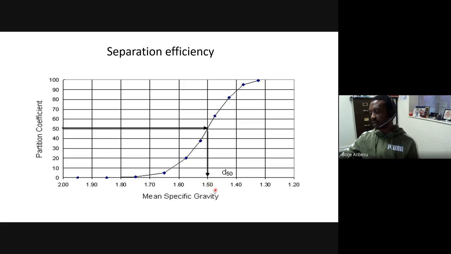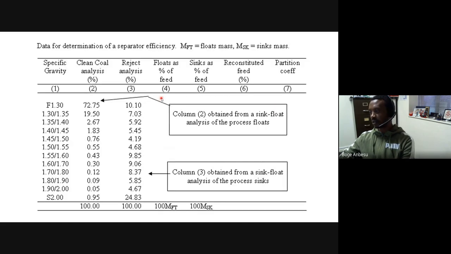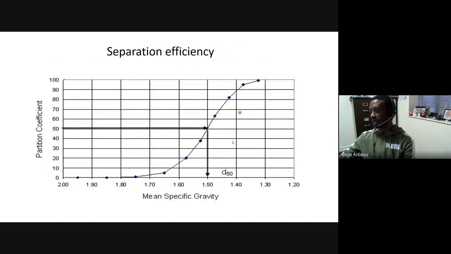So if my separating specific gravity is 1.40, it looks like this one is taken for the floats. So floats versus feed is what probably gives you this one. But regardless, you can do the other way around, the sinks versus the feed, then you would have slightly different values here.